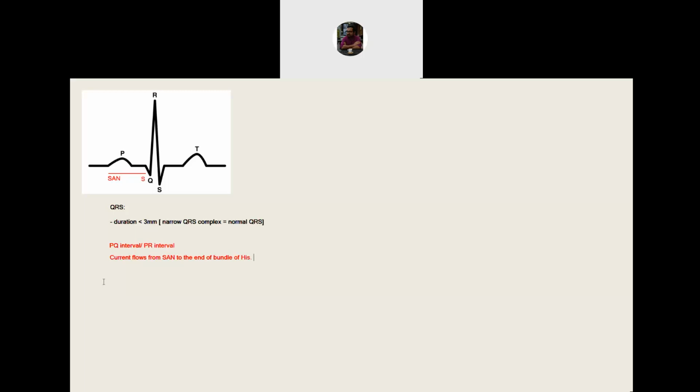So if there is any abnormality in this pathway, the PR interval will become prolonged. The common cause of abnormality usually lies in the AV node. So in AV nodal blocks, we get an elevated PR interval. So what is the normal duration of the PR interval? Normally it should be between 3 to 5 millimeter.